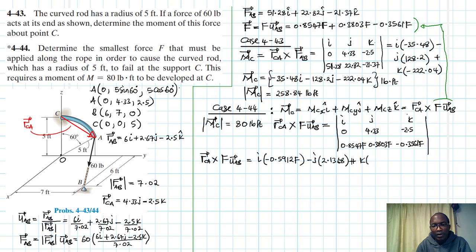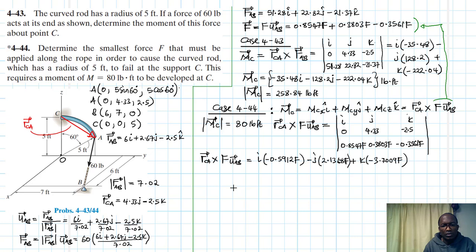Then K, that part goes, then we have a 4.33 times 0.8547. So this is minus 3.7009F. There are all these F's here. Okay, let me just write down the F there. There's an F here, and then there's also an F here. Alright, so this is the expression that we found.